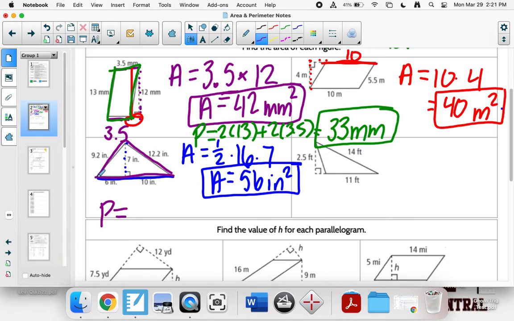So 16 plus 12.2 is 28.2. And then plus the 9.2. 28.2 plus 9.2, what do we get? 37.4.